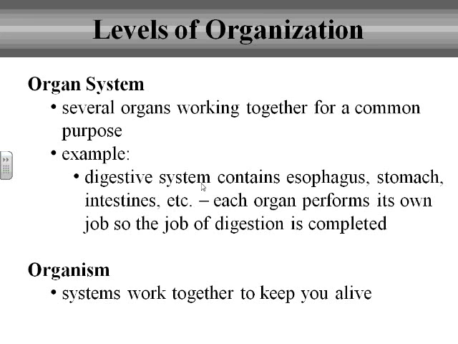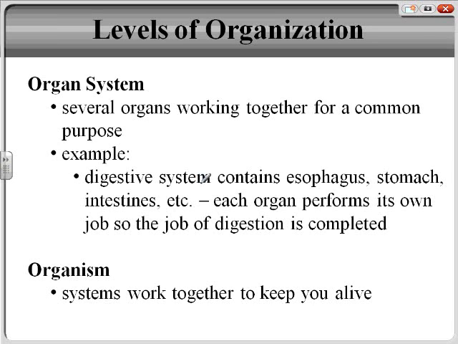But it's only going to get the oxygen if the lungs are performing their job of transporting the oxygen across that surface into the blood vessels, right? So the idea is that those organ systems really need to be optimally functioning and working together in order for that organism to function, right?